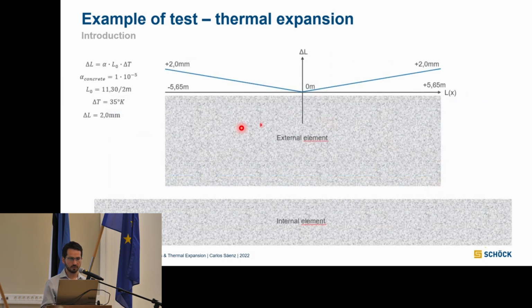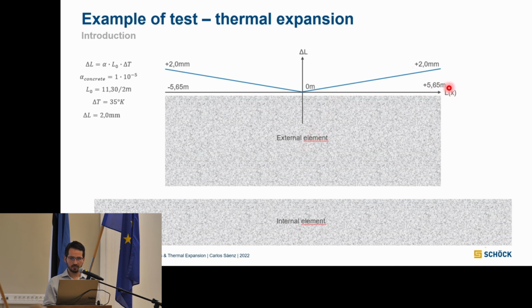So here is an example. Let's say we have a balcony of 11 meters by 2 meters wide, and we assume a temperature difference of 35 K because it's expressed in the norm. We can see that later. What happens here in the balcony is that the element in the middle won't feel that phenomenon of thermal expansion.